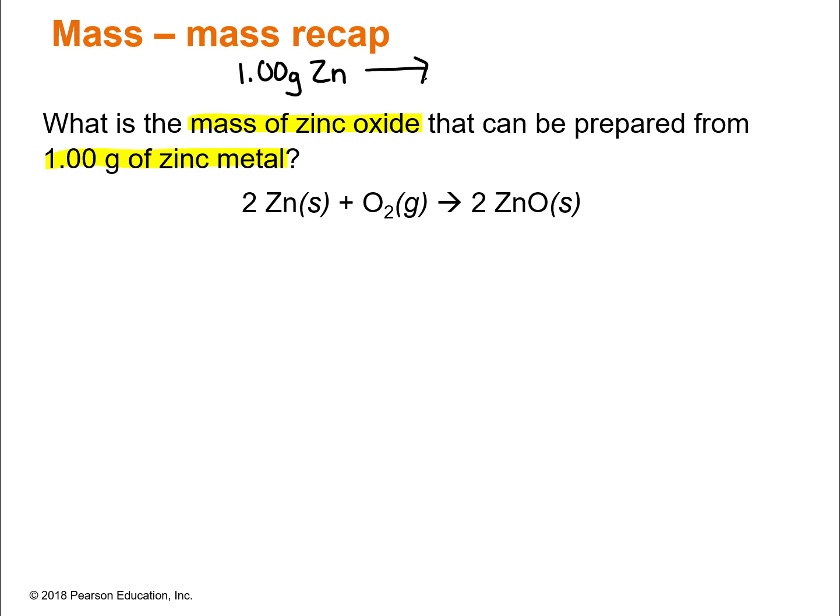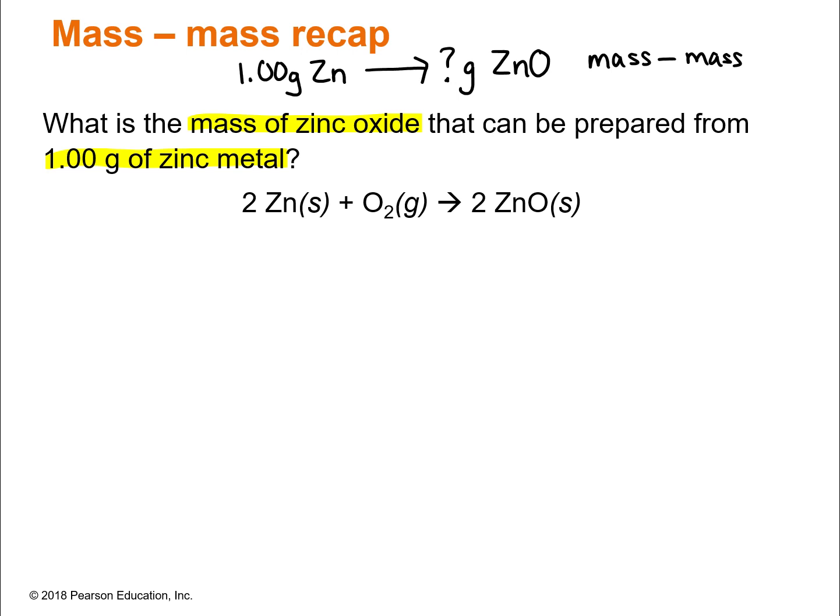What we're trying to find is the mass of zinc oxide. Now, if we didn't have the luxury of a title that says mass to mass, you could then say, okay, I've got mass on one side. That's my given. I'm asked about a mass as my question, so this has to be a mass to mass stoichiometry question.